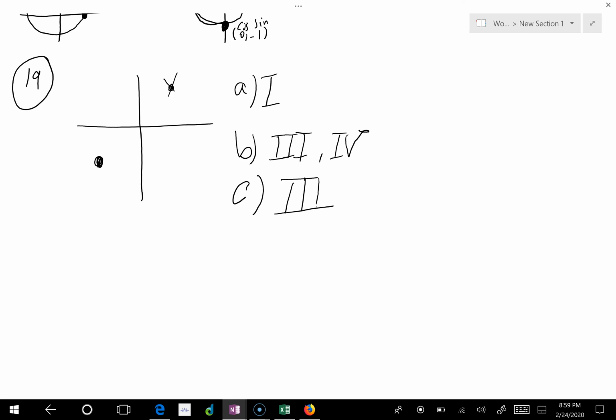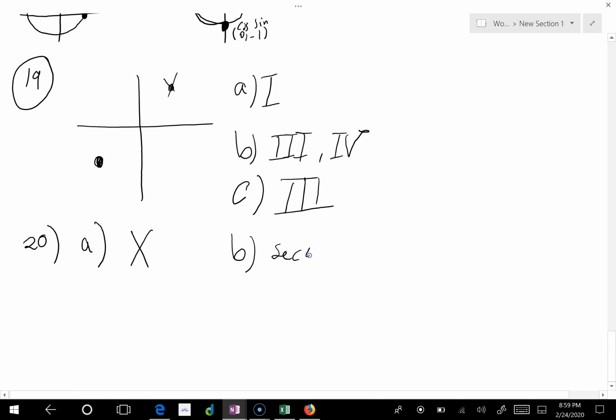Number 20. Decide whether each statement is possible or not. A is not possible because the outcome of sine cannot be greater than 1. B, secant is 4.